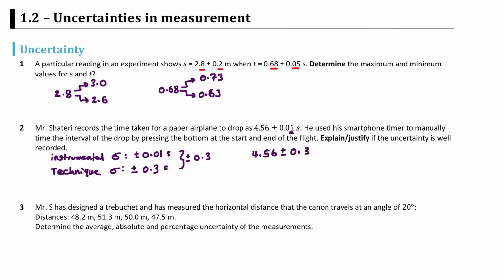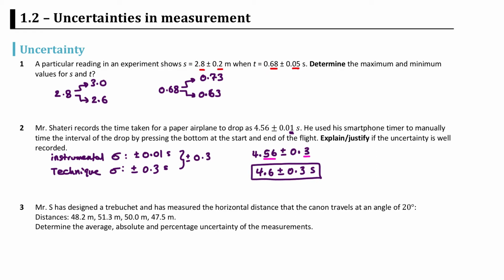Oh, but wait a second. This has two decimal places, and this has one. They need to match, so I have to round this to 4.6 plus or minus 0.3 second, and that would be my final answer.